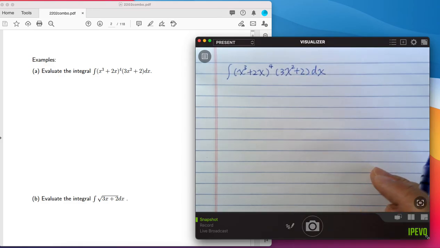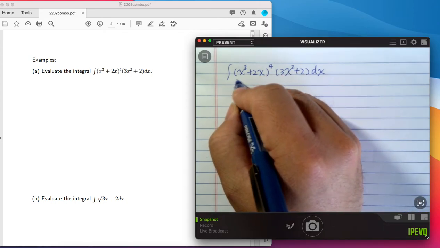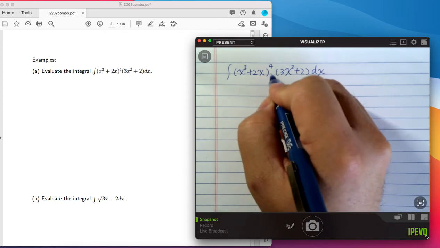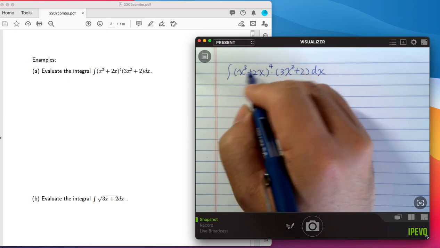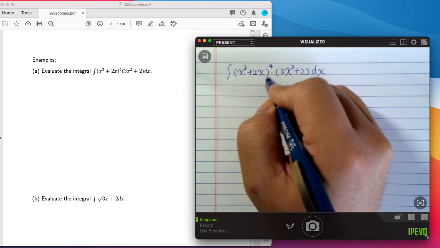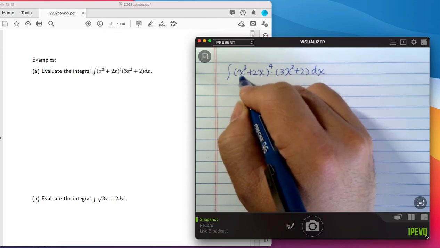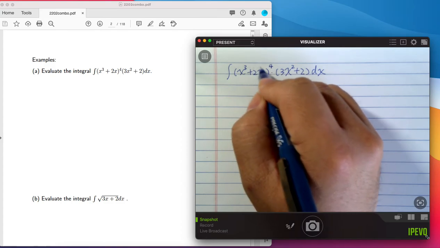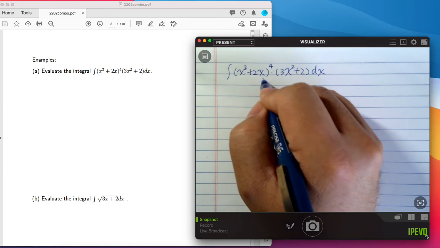What we can do here is look at the integrand, and you see that it's a product of those two pieces. Also observe that this part is actually a composite function. The outside function behaves as x to the power 4, and the inside function is x cubed plus 2x.